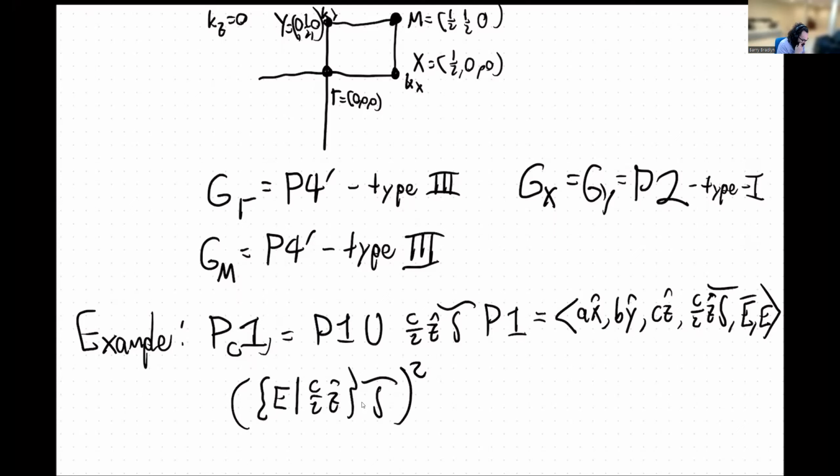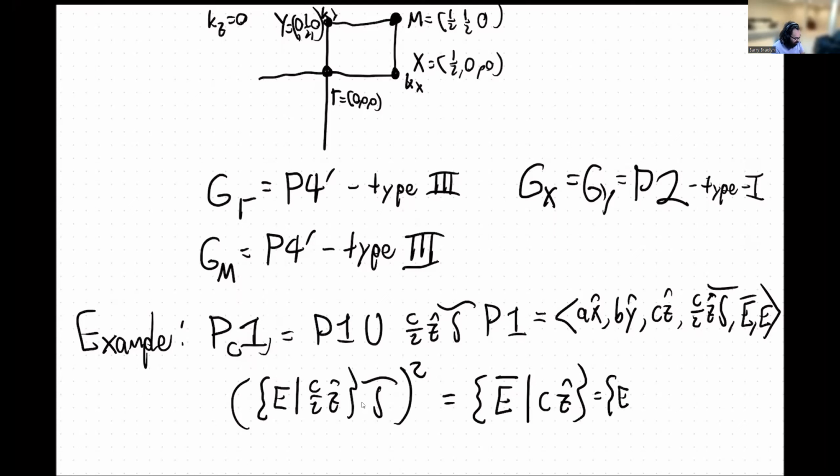And let's see what happens when I square this operation. Time reversal squared gives me E bar, and my translation squared gives me my Bravais lattice translation.